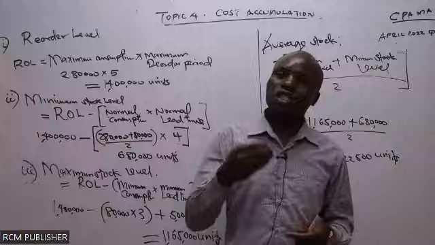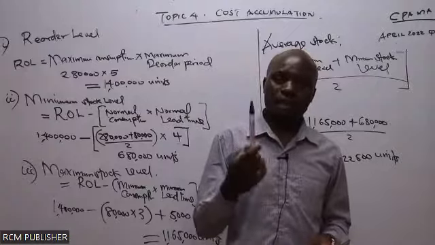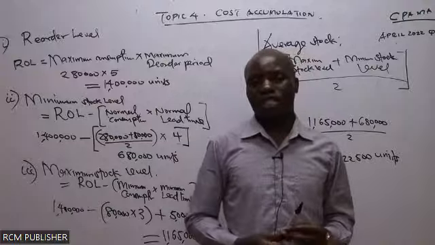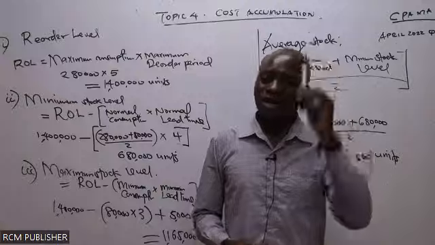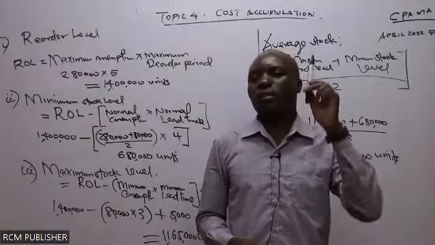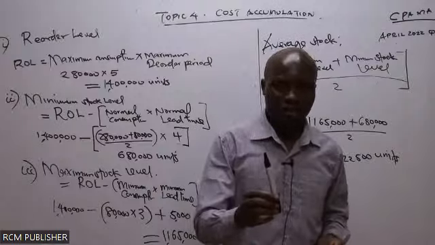So that amount which I pay, if you are going to buy this marker pen, you will give the seller, let's say 100 shillings, and then they give you this marker pen. So that 100 shillings is what we call the purchasing price. It remains constant throughout the year.